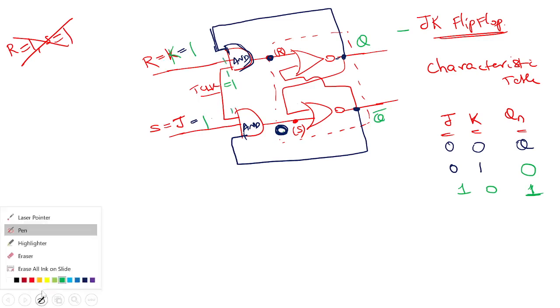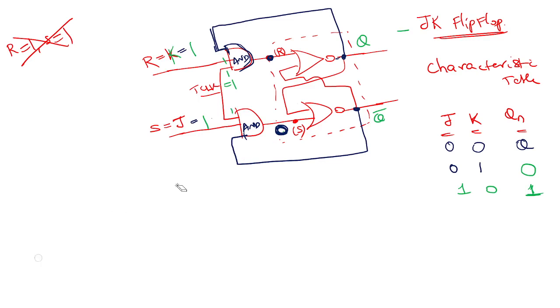Now again, the output of the AND gate is decided by the other input, right? We have 3 inputs, correct? So you assume Q equal to 0. I am assuming 0. What will happen? Let's see. This 0 will be applied as a feedback. Obviously, this is 1. This 1 will be applied as a feedback. 1, 1, 1. Here it is 1. 0, 1, 1.